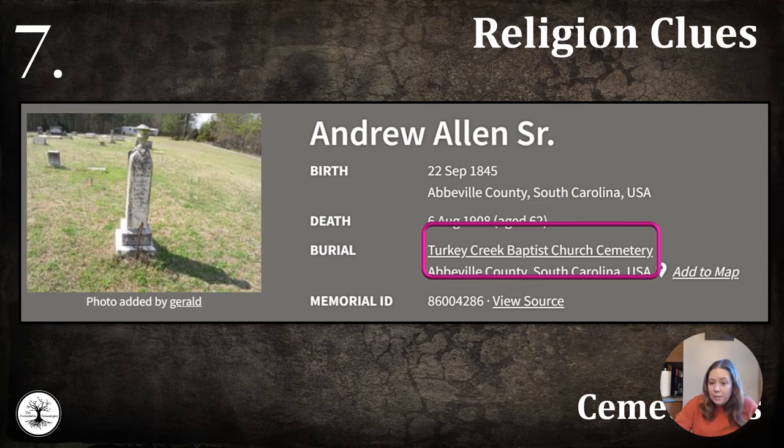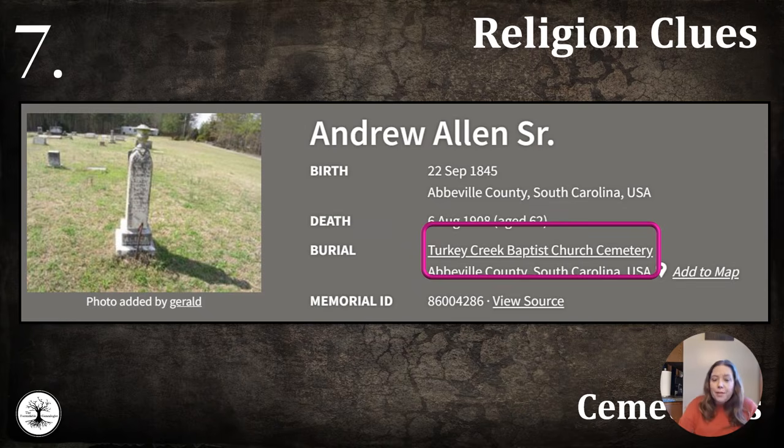So then my next step should be to look and see if Turkey Creek Baptist Church is still on that same lot with the cemetery. If it's not, I need to try to find out what happened to the records for Turkey Creek Baptist Church. One of the best ways to do that is just look on Google Maps and type in Baptist Church. See what shows up nearby.